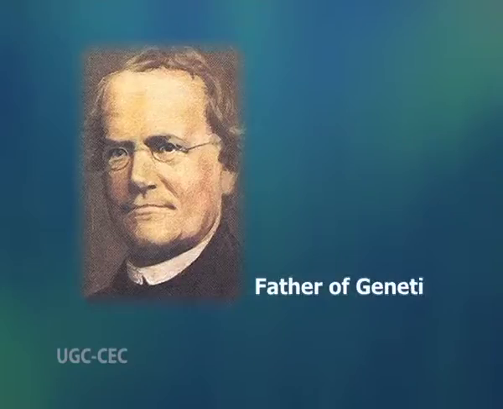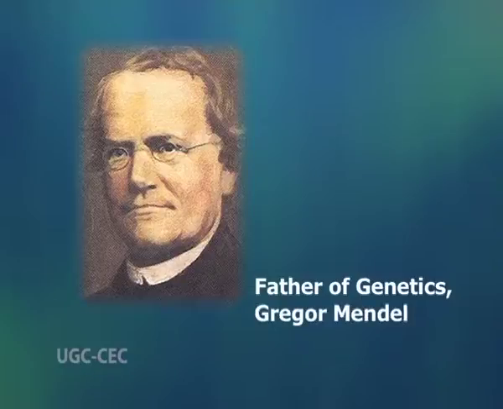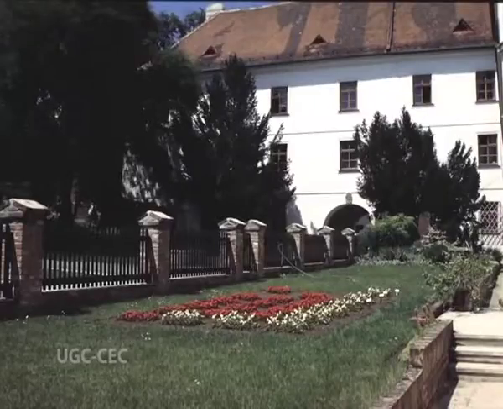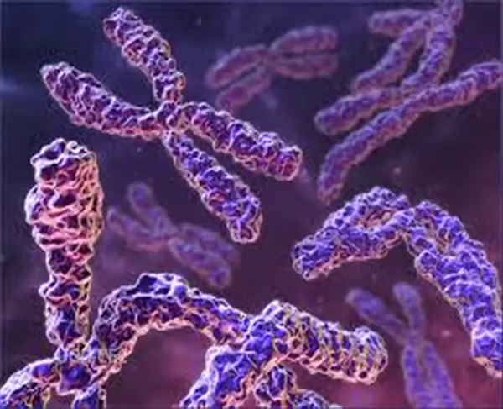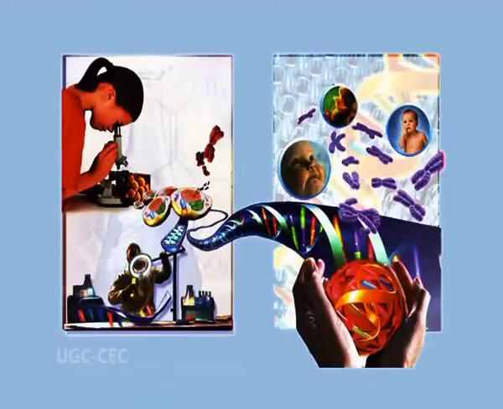Thus, as the father of genetics, Gregor Mendel systematically understood the inheritance of traits and formulated two basic laws to understand this phenomenon. From these very beginnings grew one of the most evolved and investigated sciences of the 21st century, genetics.